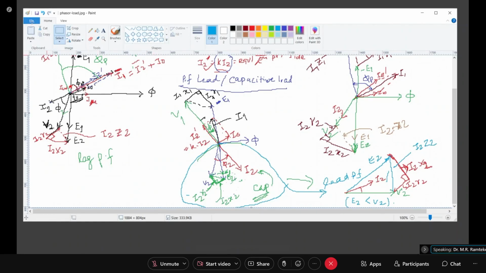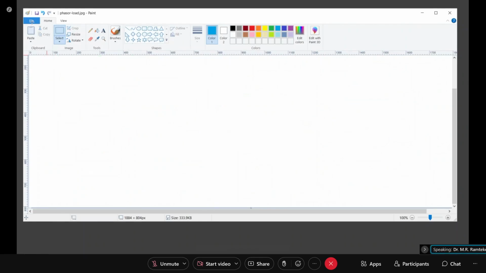So this is all about the transformer. You have to take numericals from some textbooks. Use any textbook and try yourself. Even if you take a solved example, it doesn't matter. You have to test yourself. Take a solved example, try it yourself without looking into the solution, and check whether you get the correct solution or not.